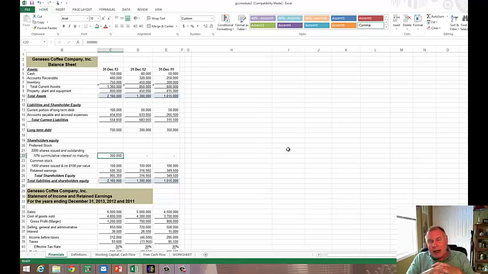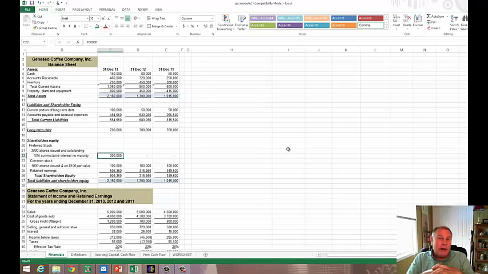So preferred stock is equity, but it has a generally fixed dividend, and it oftentimes has a maturity or it doesn't. It has preference as to payments of dividends. So it has a defined dividend, and it has a preference in bankruptcy.